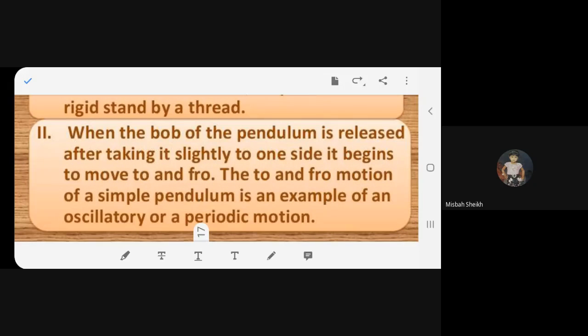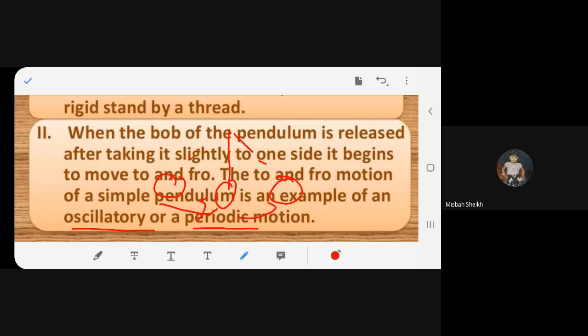When the bob of the pendulum is released after taking it slightly to one side, it begins to move to and fro. The to and fro motion of a simple pendulum is an example of an oscillatory or a periodic motion. What is the motion that the pendulum is doing? Oscillatory or periodic motion. Like this, then it goes here, then it goes here. This is the periodic motion or the oscillatory motion.